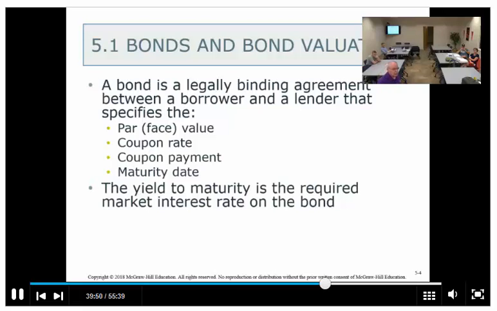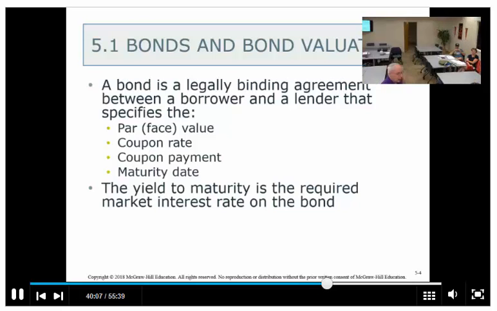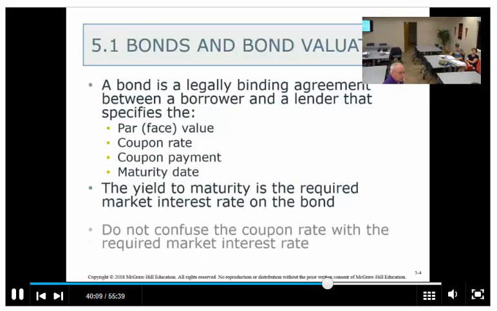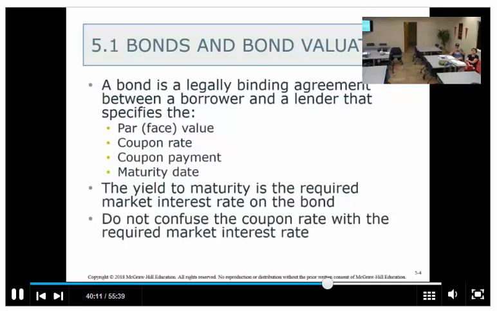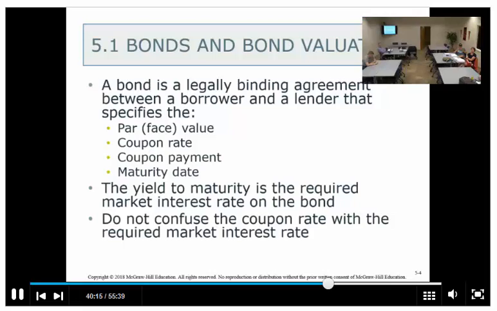So even if I'm running over on the lecture, this is important because you have to do this to do your project. And if you have multiple issues, you have to do it for each issue and then calculate a weighted rate. So the coupon rate and the yield to maturity, the required market rate, are generally different.